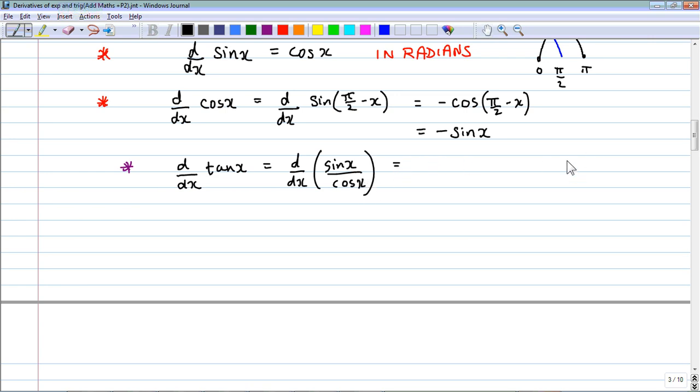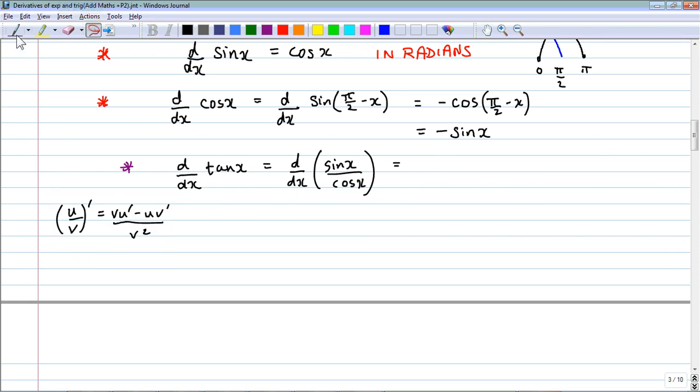And we're going to use the formula: u over v, derivative is v times u derivative, minus u times v derivative, over v squared. That's the quotient rule there.